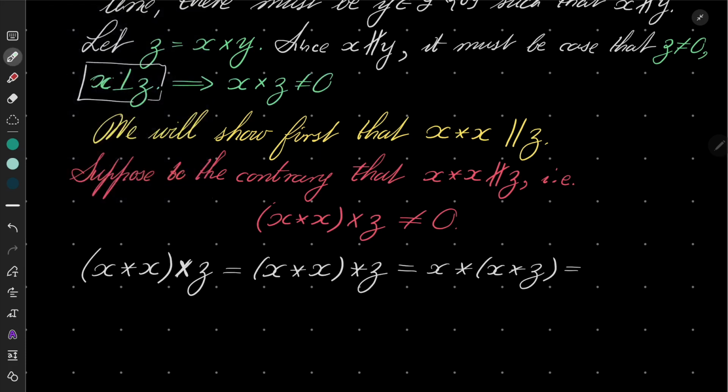And since this cross product is non-zero, I can change one of my star operations to cross product. And moreover, let's notice that X cross product X cross Z is also non-zero because we are taking a non-zero vector and another non-zero vector which is perpendicular to it. So their cross product is also non-zero.